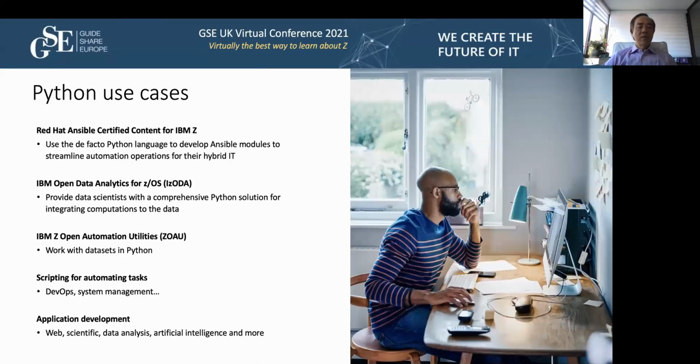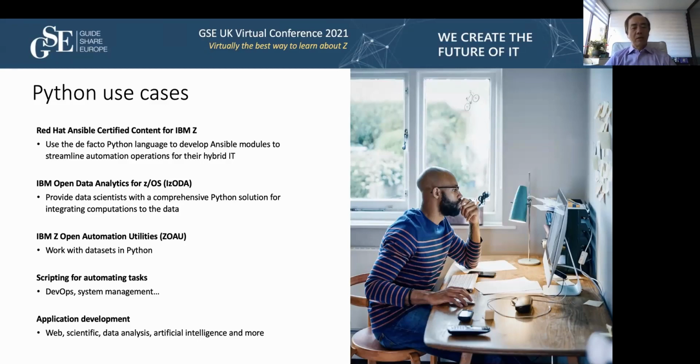In terms of use cases, obviously it is the de facto language for programming Ansible playbooks and things like that. So if you wanted to use Ansible to streamline your operation for deploying into a hybrid IT environment, you're going to be using Python for writing that logic.